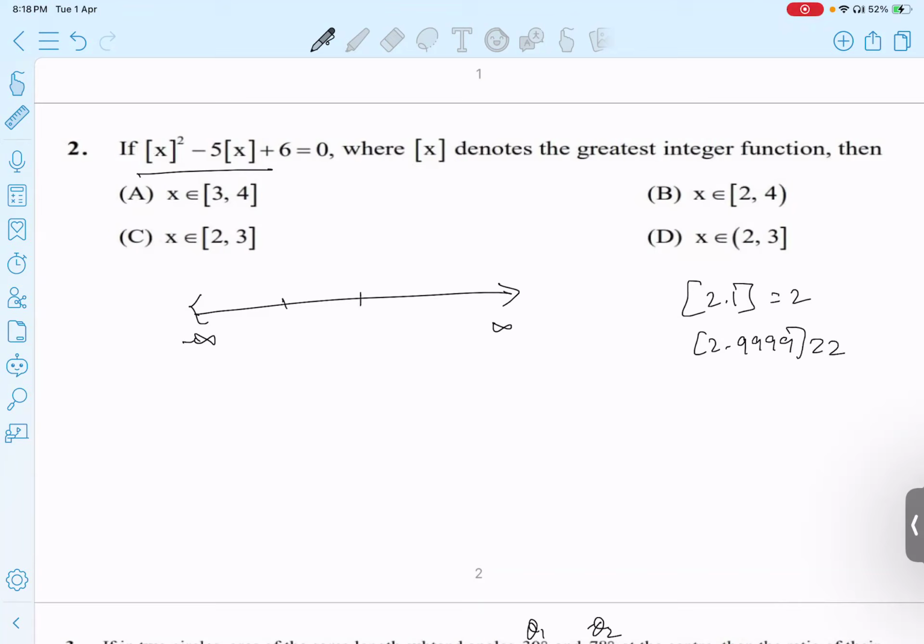So now, instead of this greatest integer function, we'll replace it by the normal variable x. If we simplify this quadratic equation, we'll get two values, that is x equal to 2 and x equal to 3.